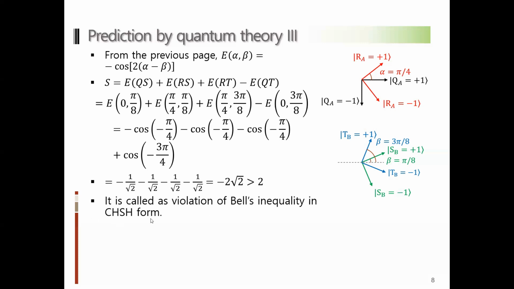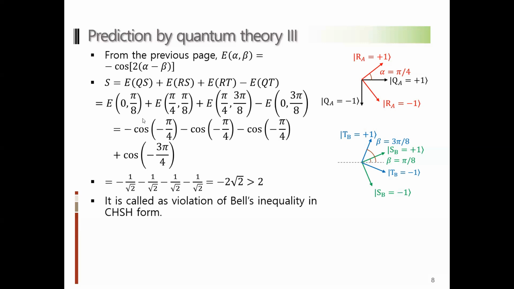So it is, and then yes, because now this Bell inequality, initially based on the hidden variable argument, the absolute value of S was supposed to be equal to or less than 2.